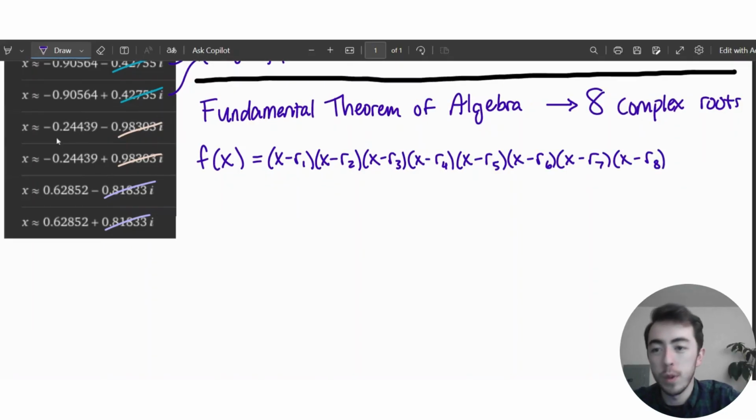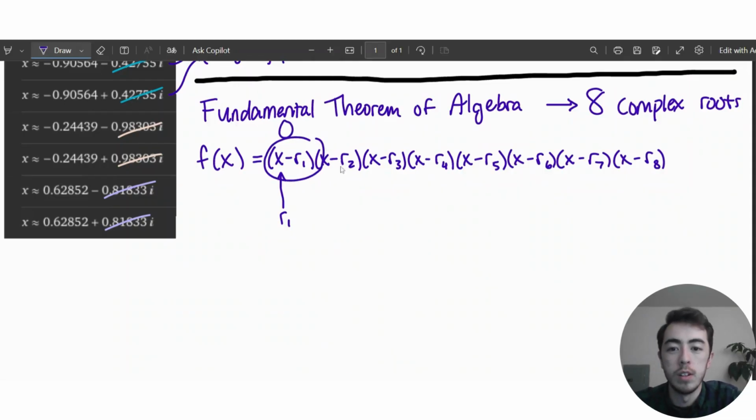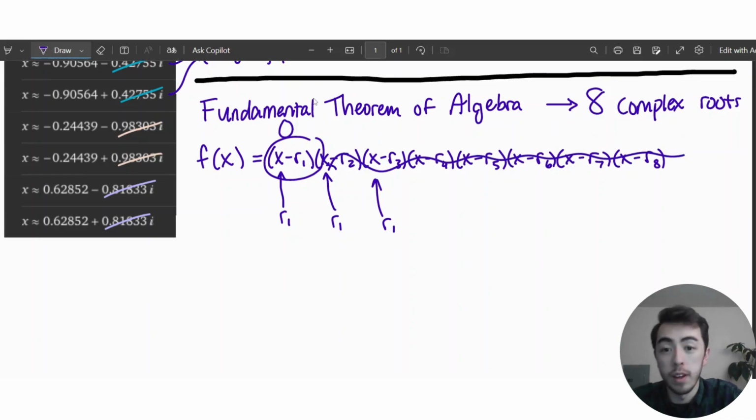And the reason why this works is that if I plugged in that root, say r1, into this factor, then r1 minus r1 is 0. And it doesn't matter what all of these other factors are when I plug in the first root. They're going to multiply out to something, but then multiplying it by this first 0 will make my function's value 0.